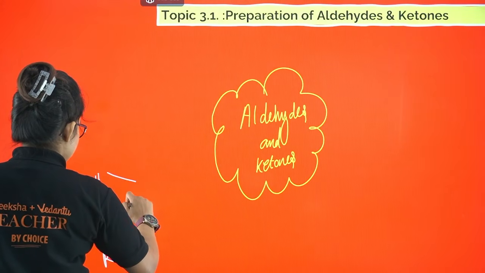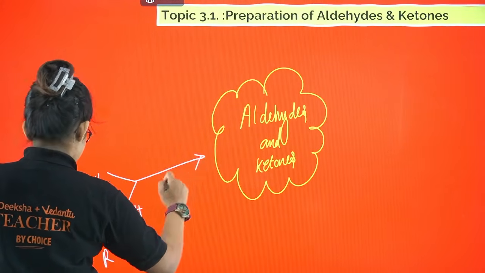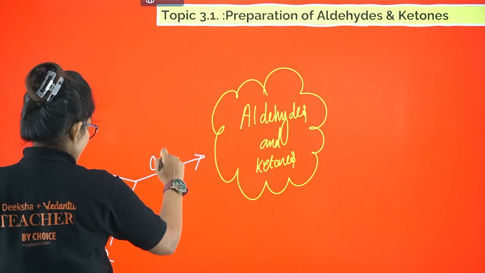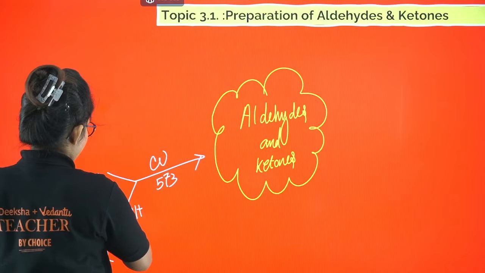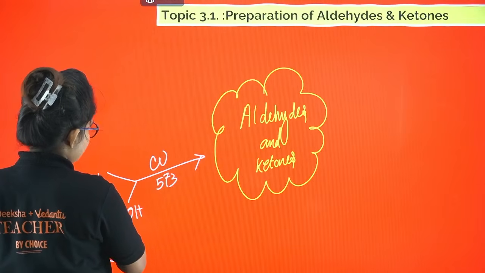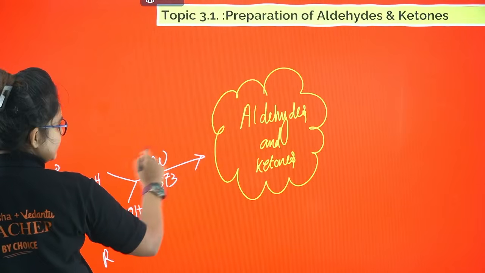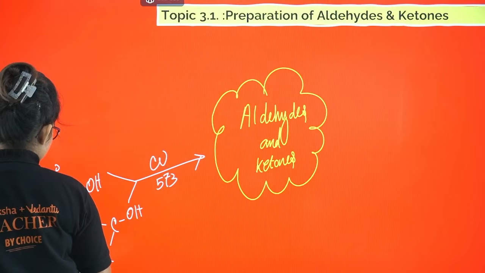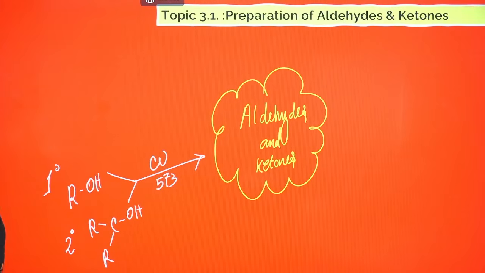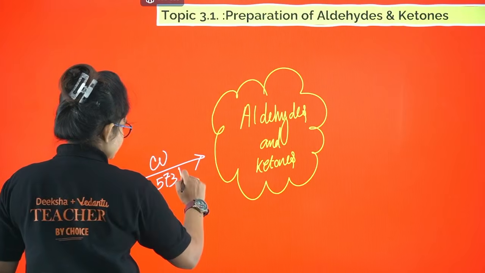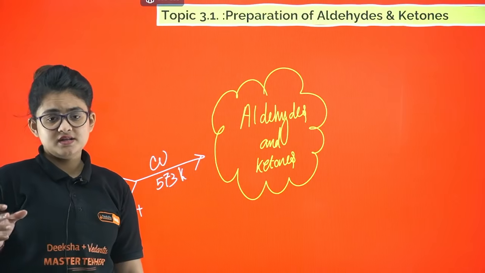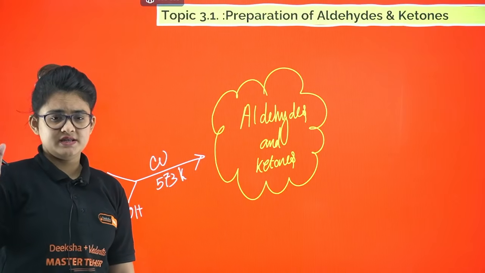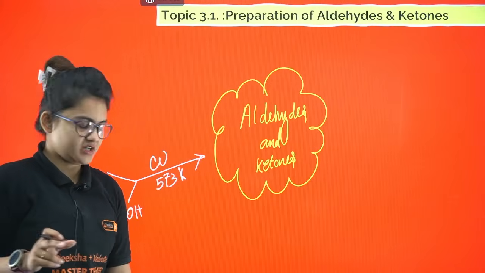For both the cases, if you give copper at 573 Kelvin, from 1 degree alcohol you will end up with aldehyde, from 2 degree you will end up with ketone. We did this reaction in the alcohol chapter as well, so you can go back to the previous lecture and check once.